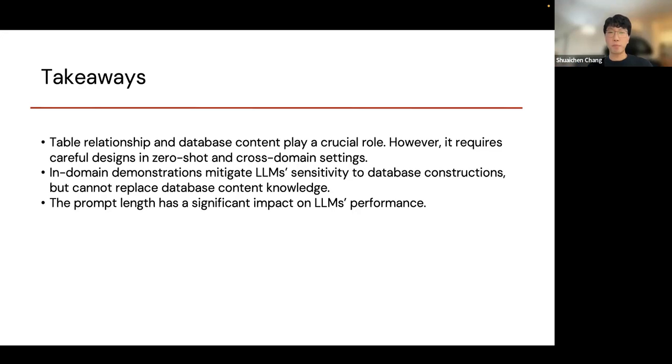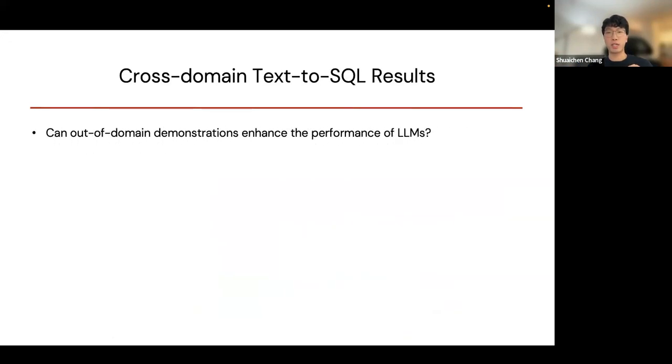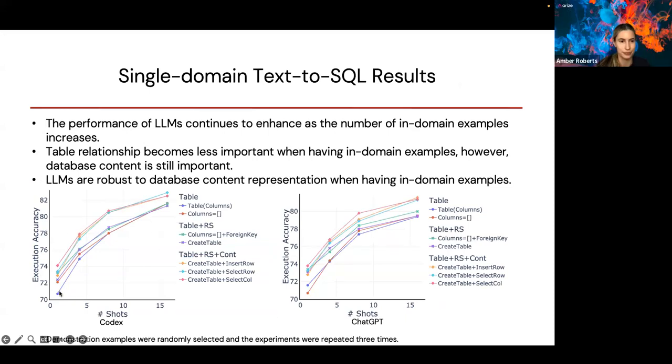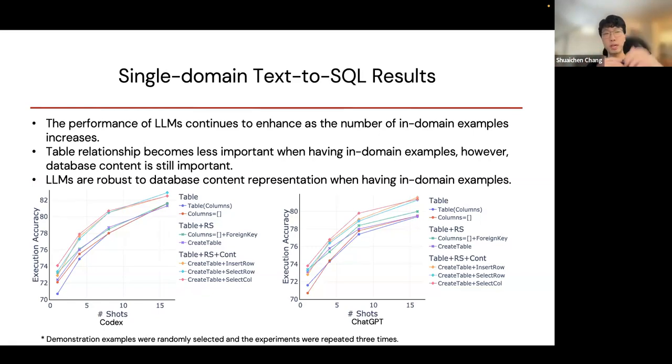In my opinion, if you look at how much the in-domain examples can help, right now it's still not 90, but let's say 3 or 5 years later we have GPT-10 or whatever, more powerful.